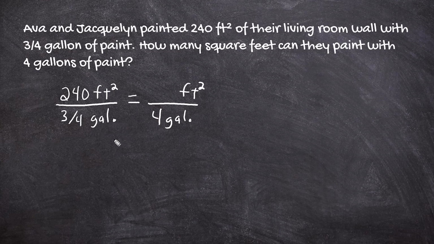So one strategy is to take the given rate and convert it into a unit rate. Now, a unit rate is how much of a quantity would it be for 1 unit. So how many square feet of wall can be covered using 1 gallon of paint? And to convert any rate into a unit rate, we just take this numerator here and divide it by its denominator.